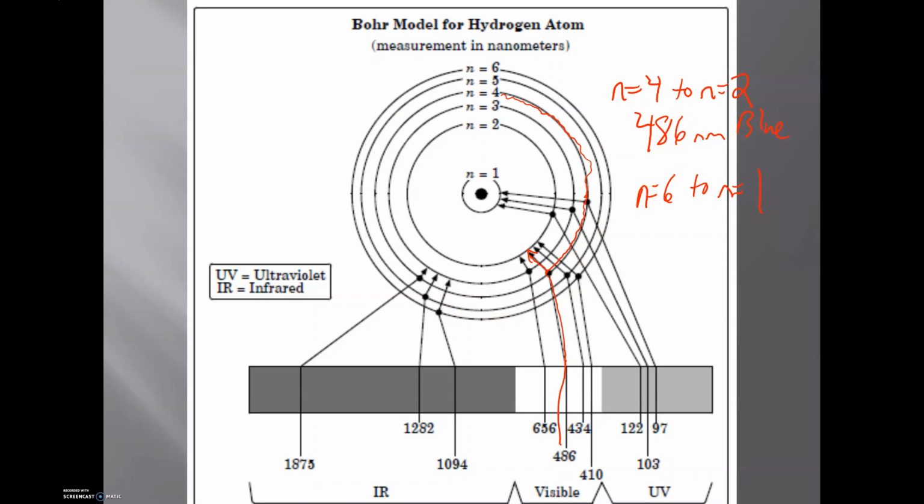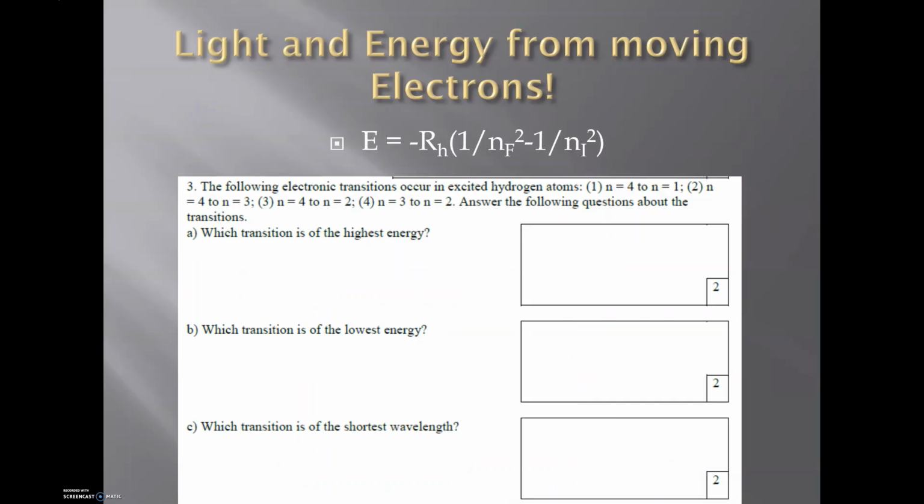We can use Rydberg's equation. And Rydberg's equation is given to you right here. Rydberg's equation is equal to minus RH. Now this is solving for energy, so there's going to be a few other problems that we have to work through before we get to our wavelength. But we have to know RH. RH is Rydberg's constant, which is 2.18 times 10 to the negative 18 joules.